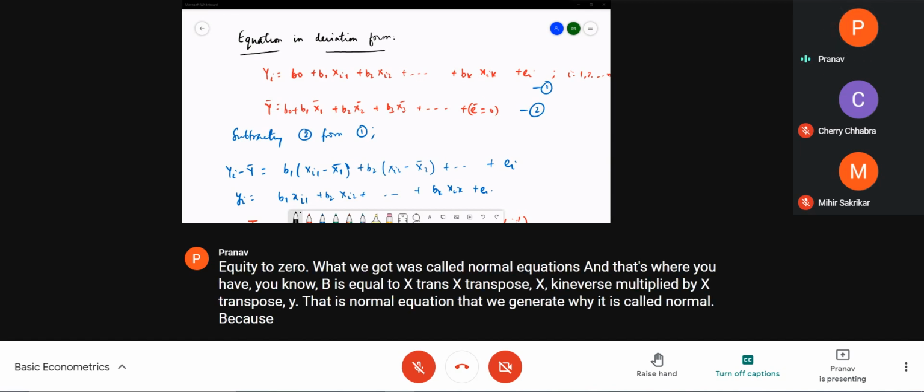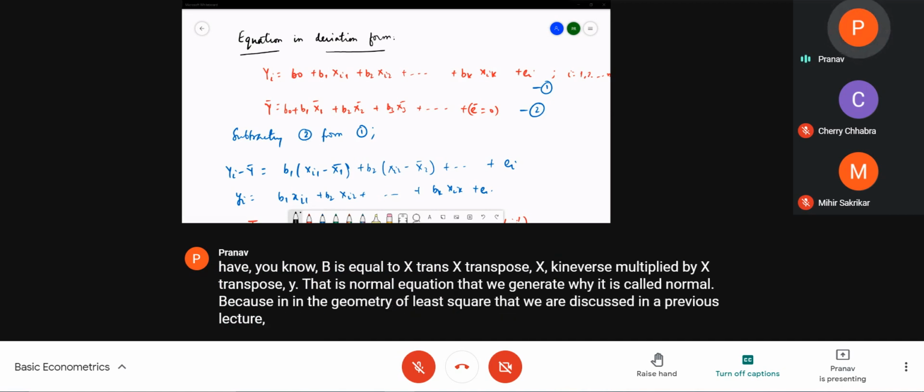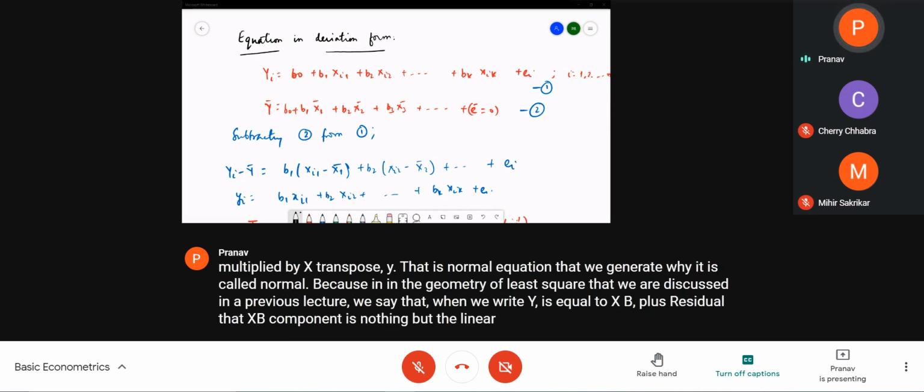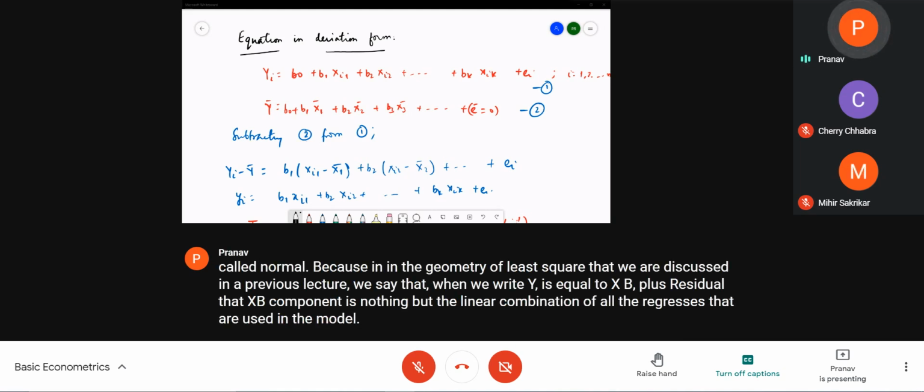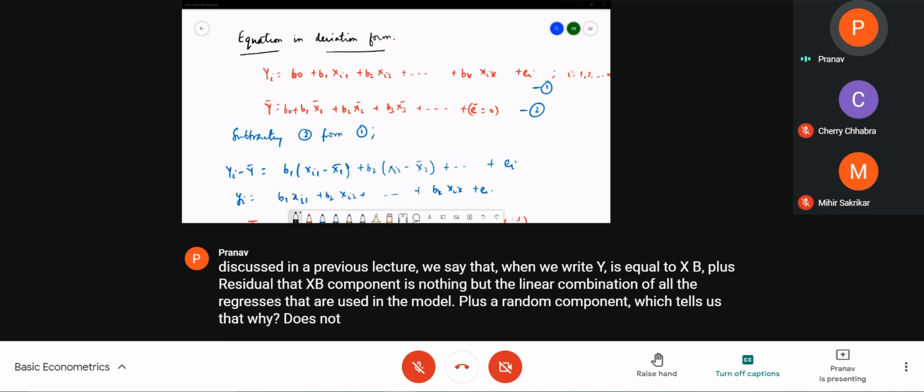Because in the geometry of least squares that we had discussed in our previous lecture, we say that when we write y is equal to Xb plus residual, that Xb component is nothing but the linear combination of all the regressors that are used in the model, plus a random component which tells us that y does not lie in the linear combination space of the regressors.